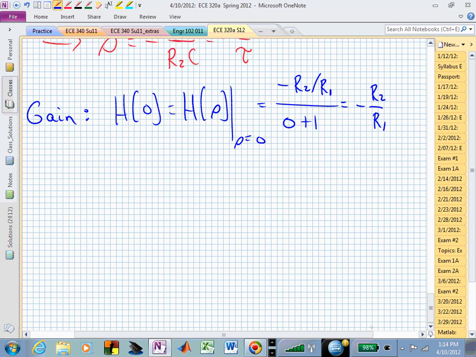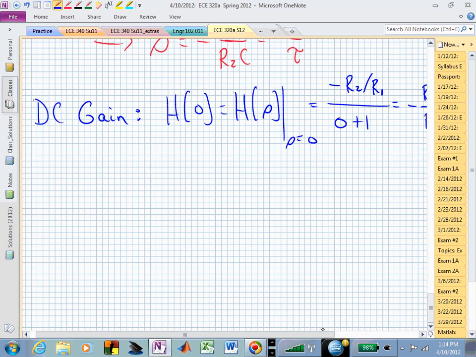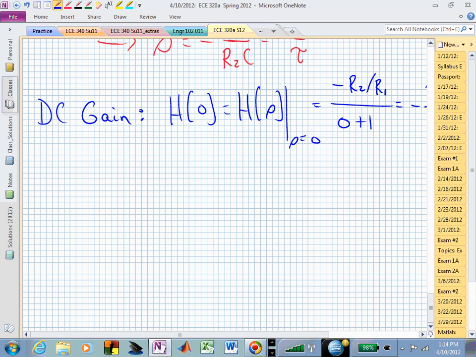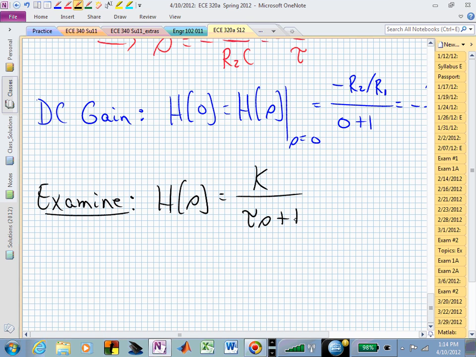Now, in order not to keep track of all of that, let's just make this more generic and say, okay, let's say that we have some gain K and some time constant tau. And this is now a first order low pass filter. Is everybody okay with that?